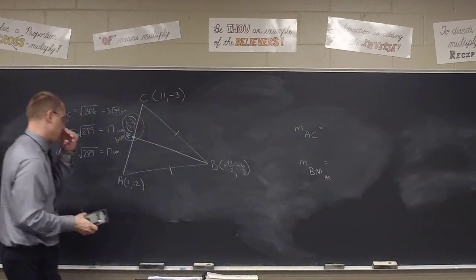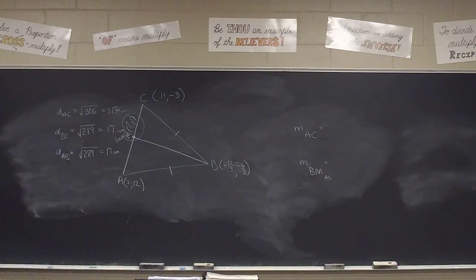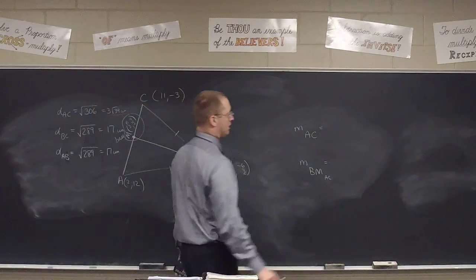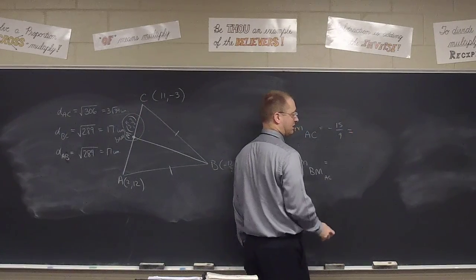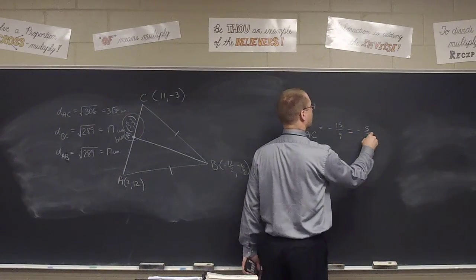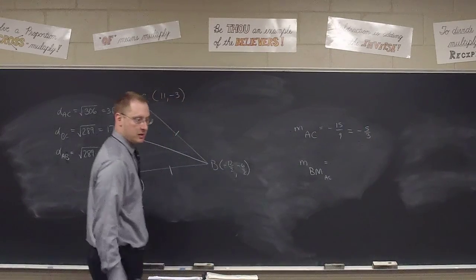At your seats, find AC's slope. And what do we get? Negative 15 over 9. Okay, we could reduce that. Negative 5 over 3. Is that what you had as well?